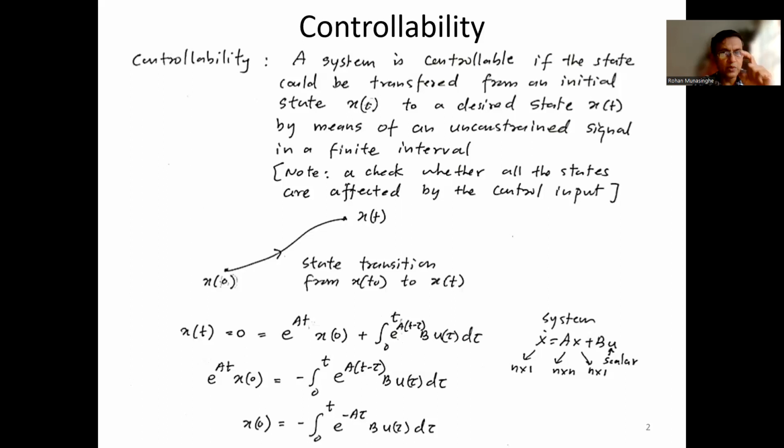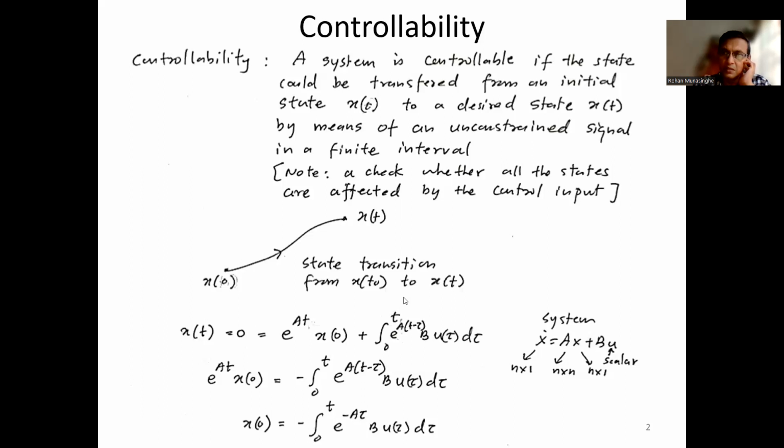Each and every state variable must be related to the control signal. If that is the case, the system is controllable. If not, those state variables are not controllable. So if you have a number of states in your plant, and at least one of them is not related to the control signal, then we say the whole system is not controllable.